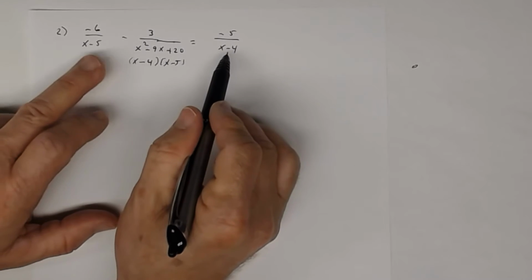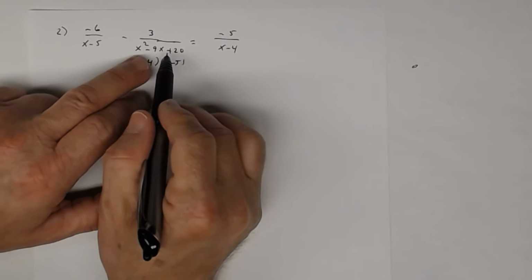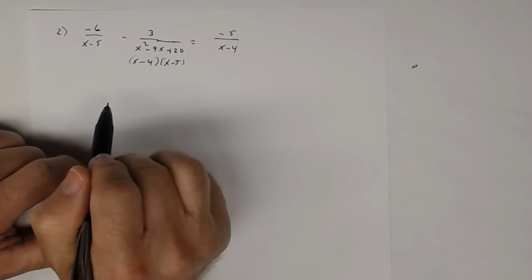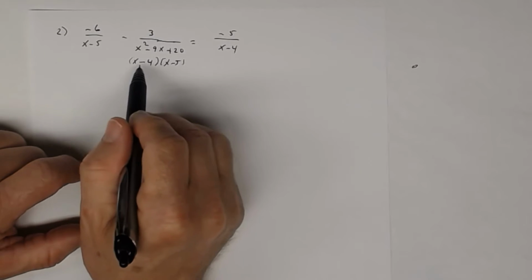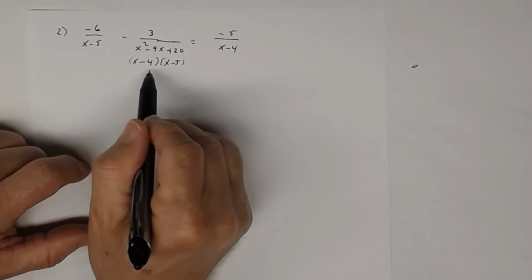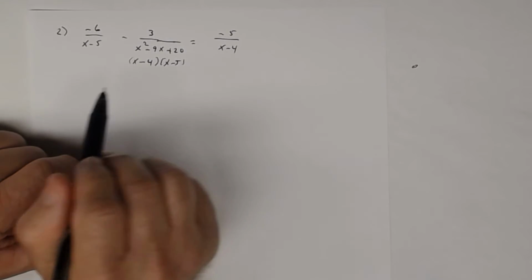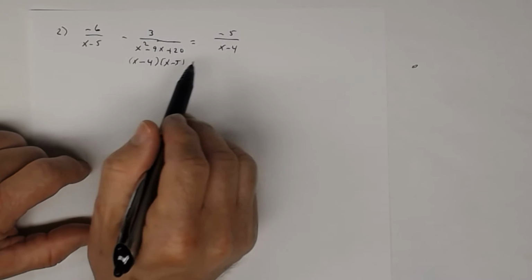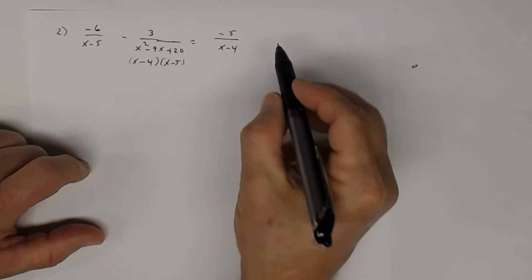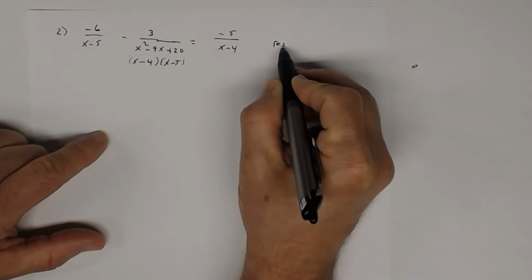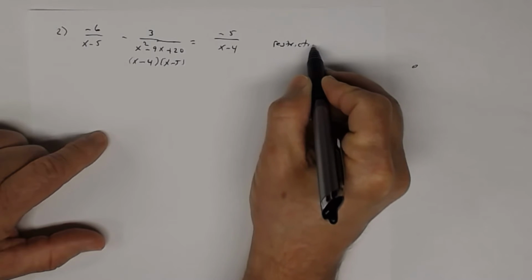So see if these factors are going to be the factors for this trinomial. And always check yourself. x times x is x squared. The outer and the inner gives us negative 9x, and negative 4 times negative 5 is 20. All right, so I factored the denominators, and so now we're going to find the restrictions. So let's find the restrictions first, and then we'll look at the LCD.